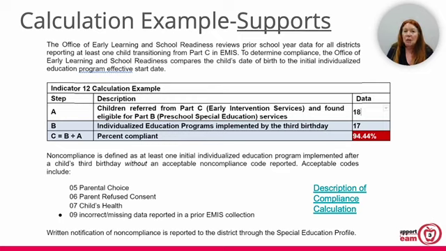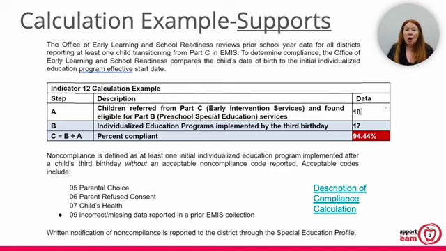There are several EMIS codes. They're all called non-compliance codes. Some are acceptable for Indicator 12, meaning that you will not get a finding. Others, while it's the correct code to use, will result in an Indicator 12 finding.